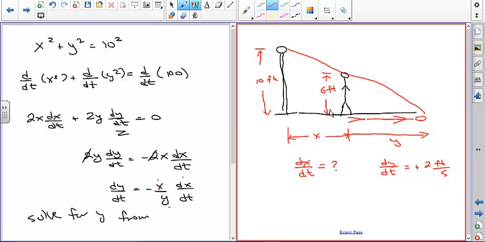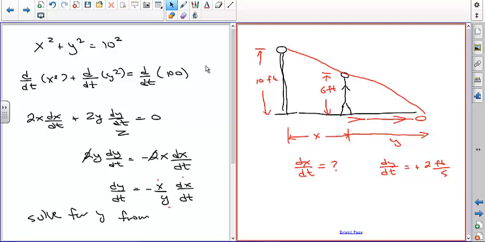The triangle that involves his shadow length at a point in time is similar to the triangle that involves going all the way back to the lamppost. So what you do is you compare the ratio of the sides of the two similar triangles, and they're similar because they're both right triangles, and they both have this same angle, and therefore this angle has to be the same as well.